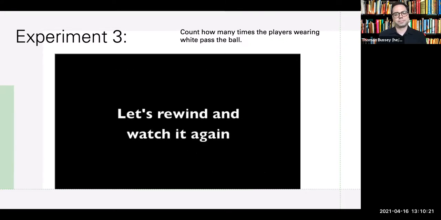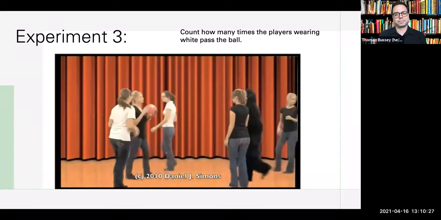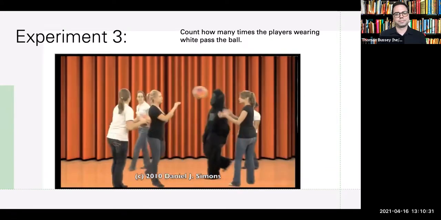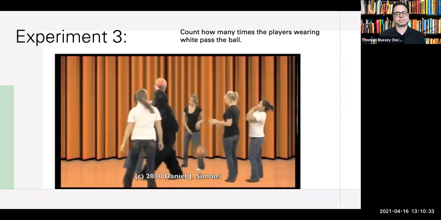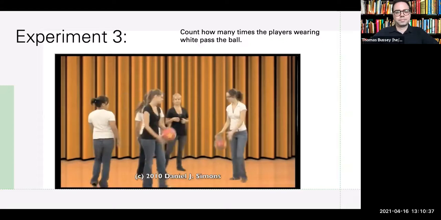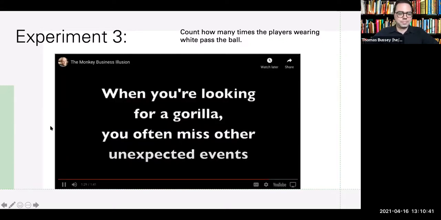Let's rewind and watch it again. Here comes the gorilla, and there goes a player, and the curtain is changing from red to gold. When you're looking for a gorilla, you often miss other unexpected events.